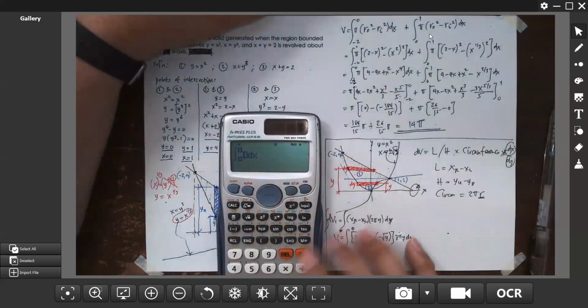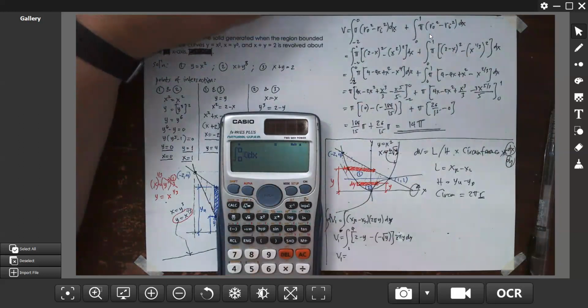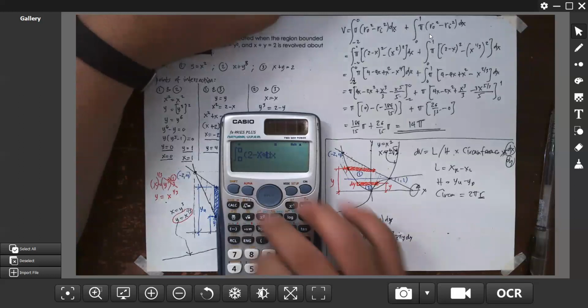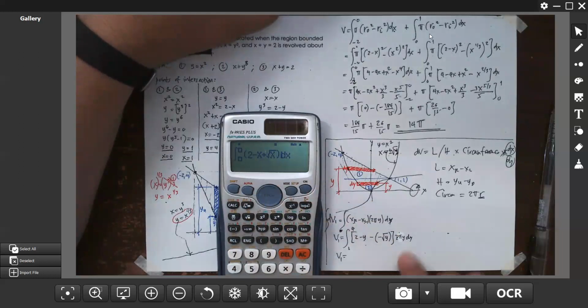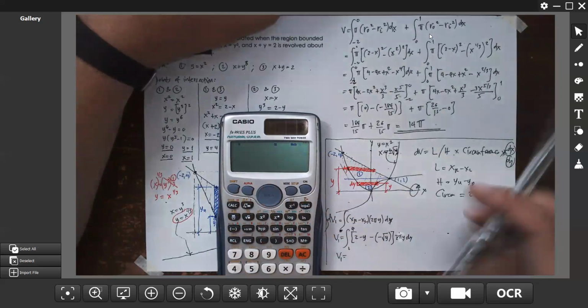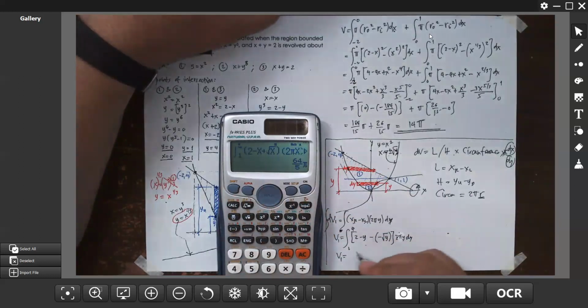So, in the calculator, we have 2 minus x, this is plus now, plus square root of x times 2 pi x. The limit is from 1 to 4. You have 64 over 5 pi.